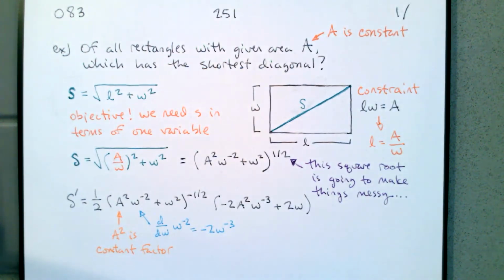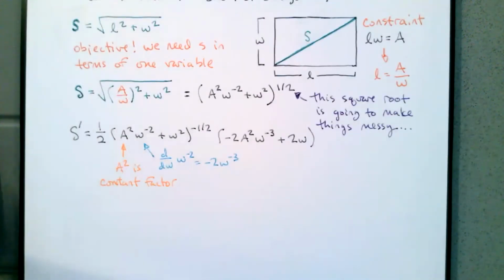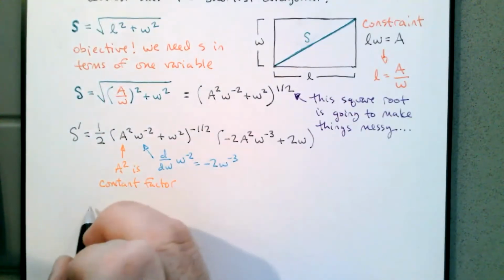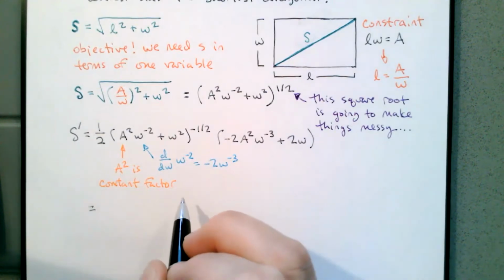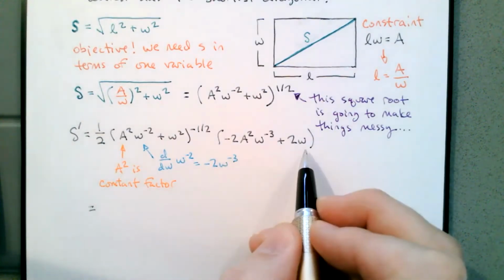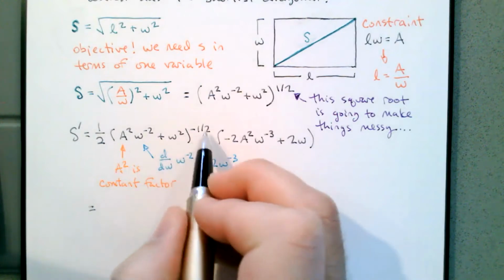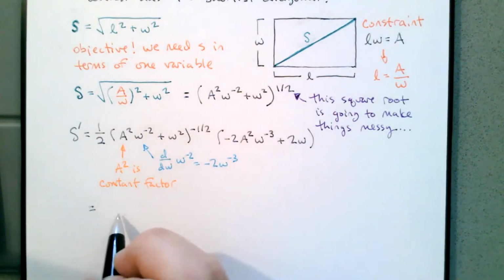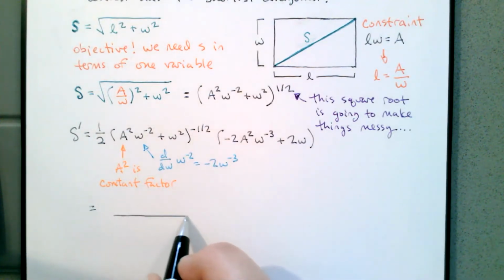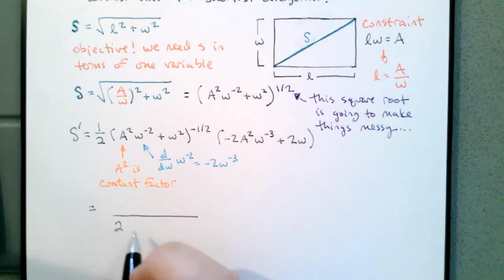So S prime is pretty messy. Got this little bit of a mess here for S prime. This is going to be our numerator. This A squared W to the -2 plus W squared is raised to the -1/2 power. So this function looks like this.